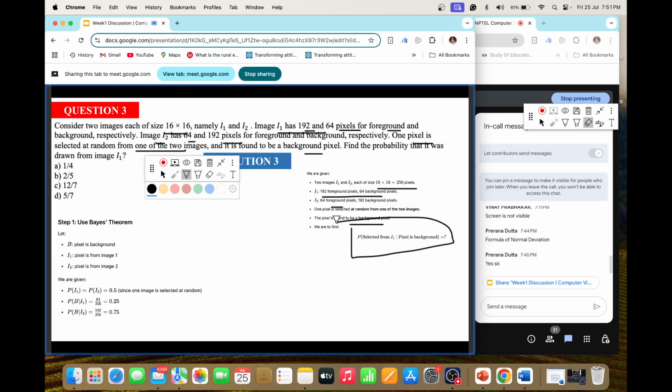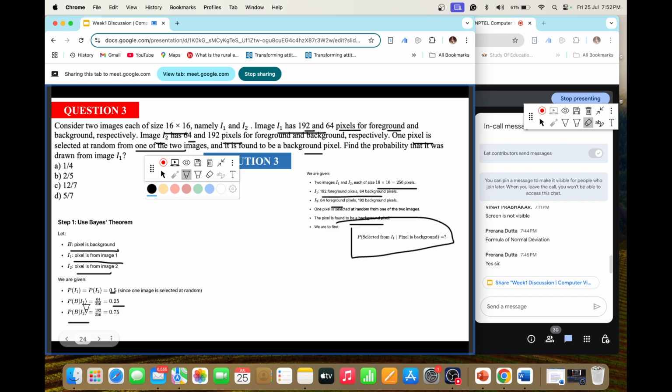So how will we proceed? This is a simple Bayes theorem question. Let B be the pixel of background, because we are interested in background. I1 is the pixel from image I1 and I2 is the pixel from image I2. Since we have two images and we select one of them, P(I1) and P(I2) are half, that is 0.5. P(B given I1): in I1 there are 64 background pixels, so 64 by 256, because 256 is the total number of pixels, that is 0.25.